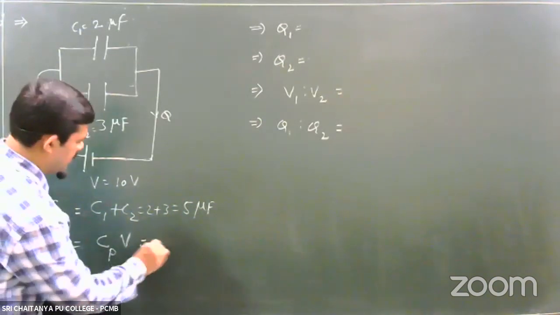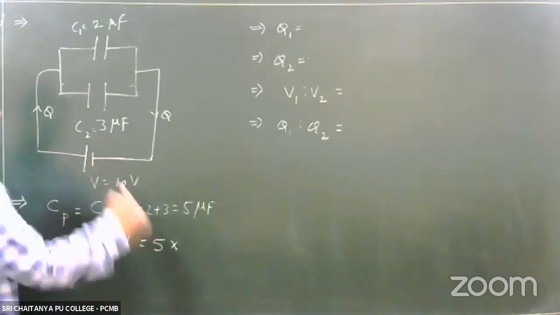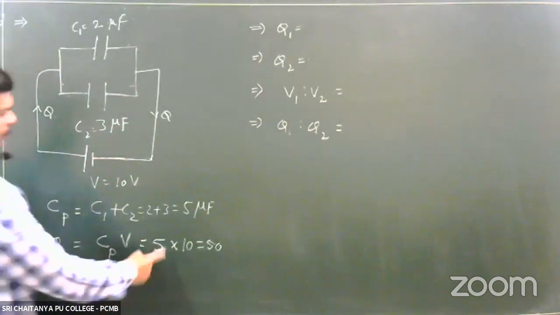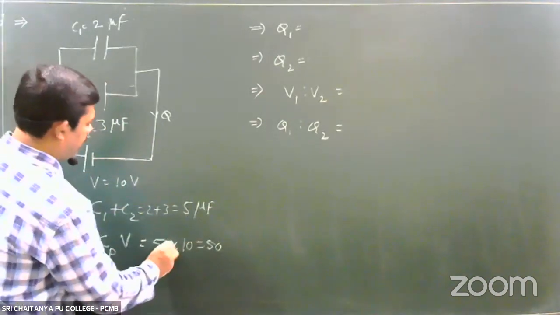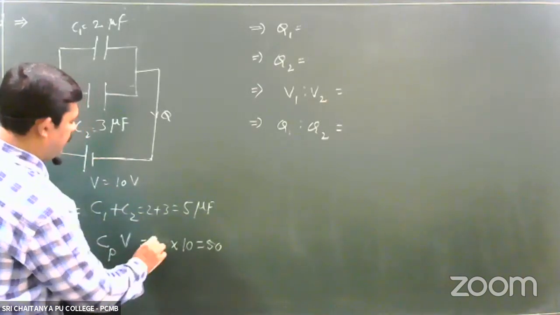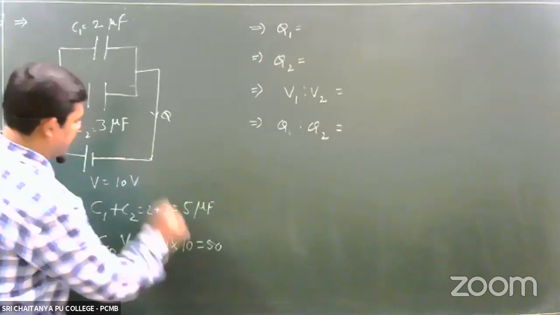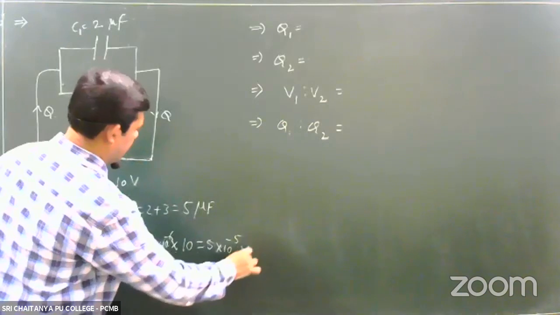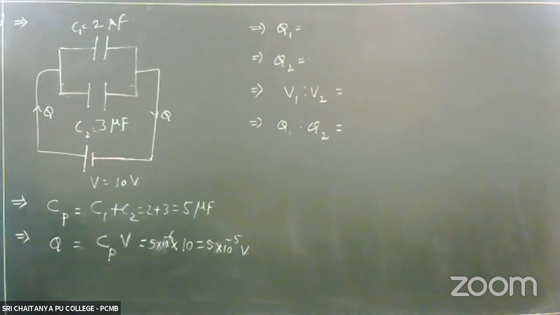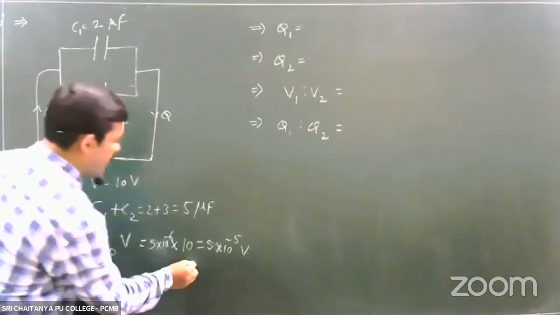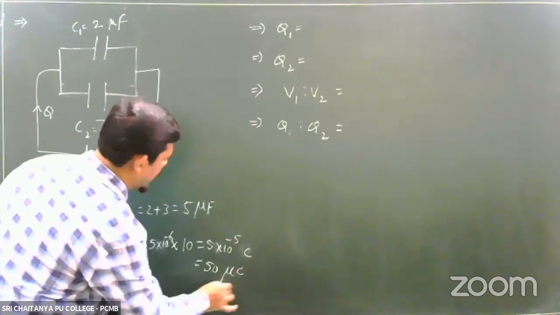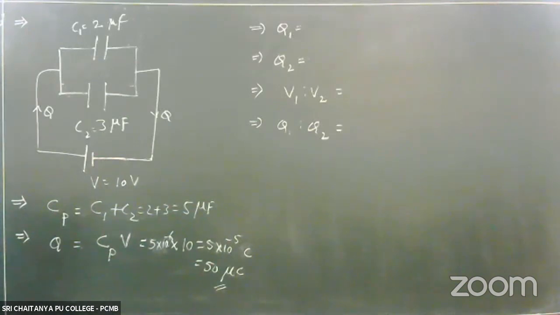Cp is 5 microfarad, we applied 10 volt, so 5 into 10 power minus 5 coulomb, that is 50 microcoulomb.